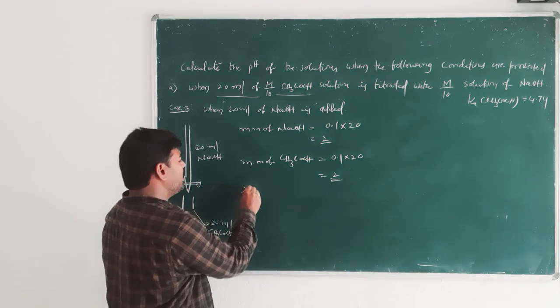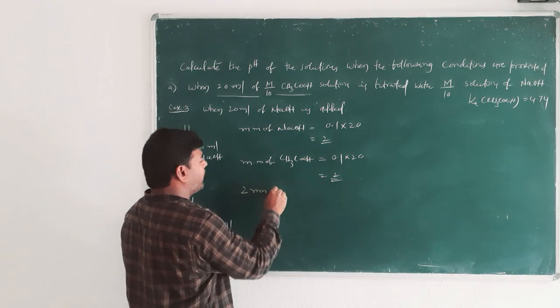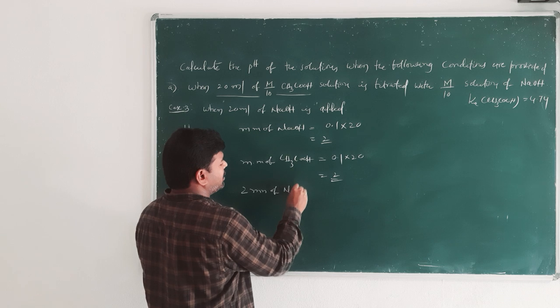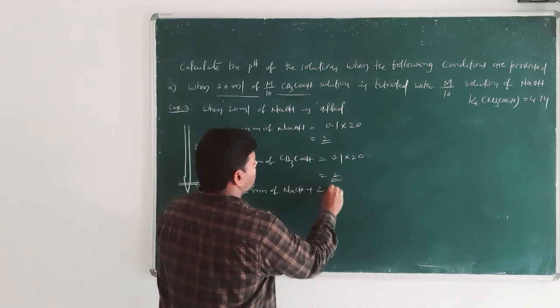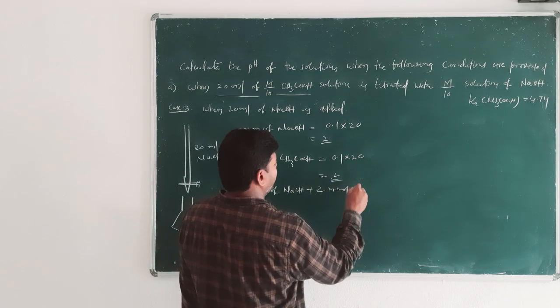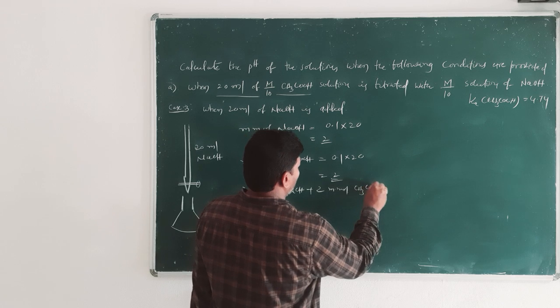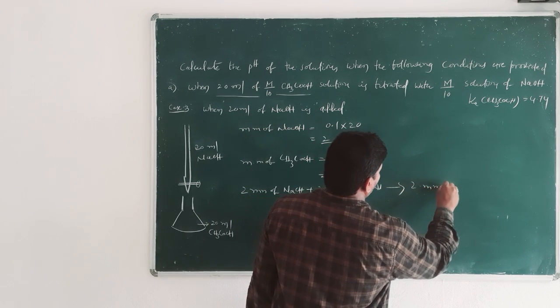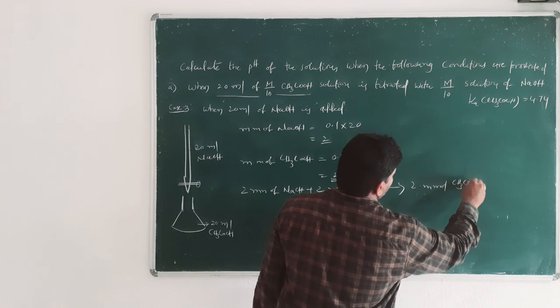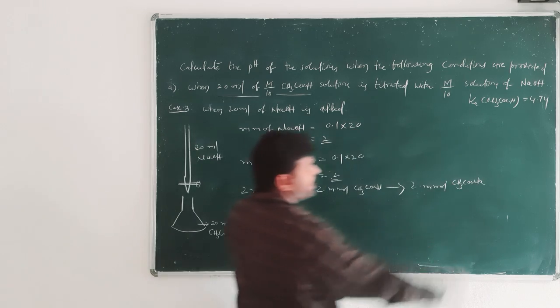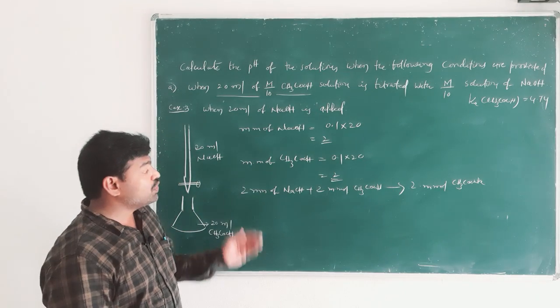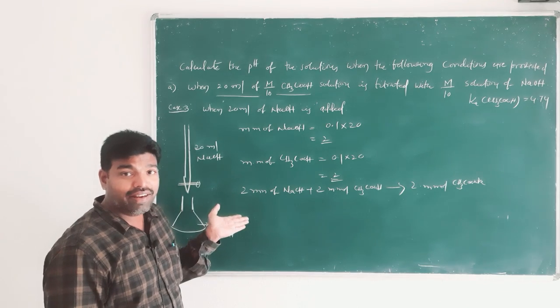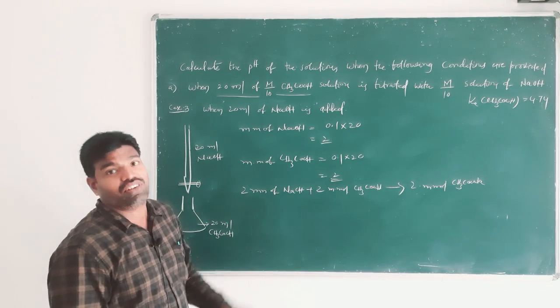So, 2 millimoles of NaOH reacts with 2 millimoles of acetic acid to form 2 millimoles of sodium acetate, CH3COONa. There is no acid left behind, and no base left behind.